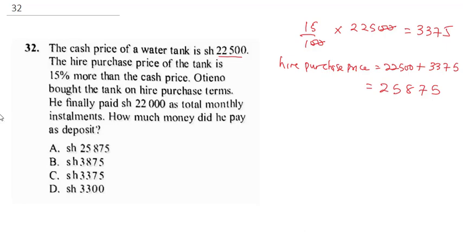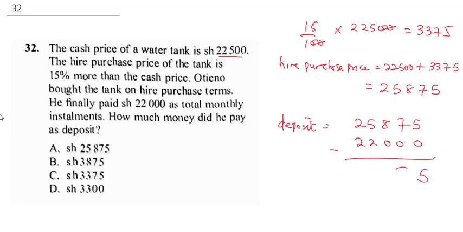How much did he pay as deposit? To get the deposit, we are going to do 25,875 subtract 22,000. So that's going to give us 3,875. That means he paid this as deposit. That now helped him pay 22,000 over monthly installment. So our correct answer here is going to be B.